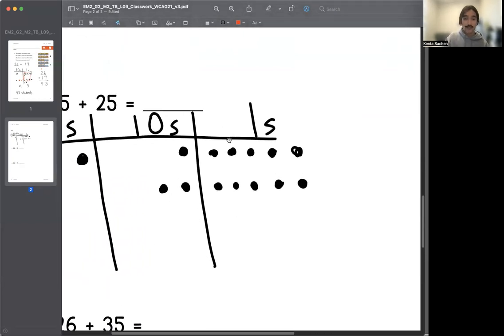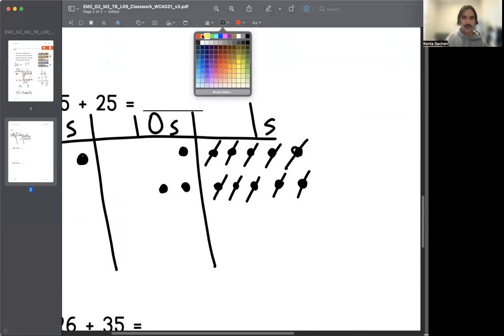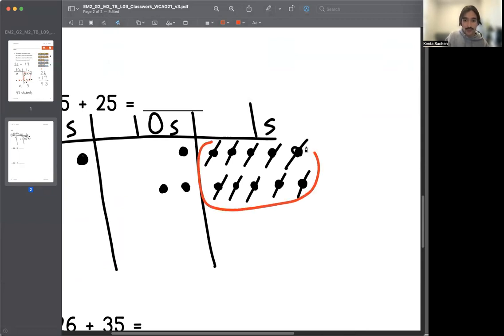All right, so we're going to cross out 10. 1, 2, 3, 4, 5, 6, 7, 8, 9, 10. Then what do we do? Yeah, I see some of you already doing that. Great. So we're going to circle that. And not just circling them, not just crossing them out, but we need to make 1 more 10.